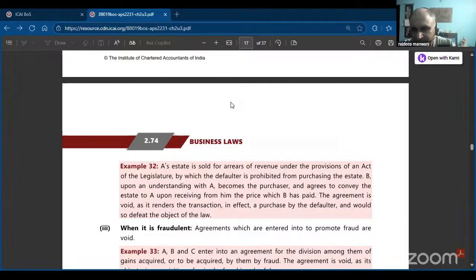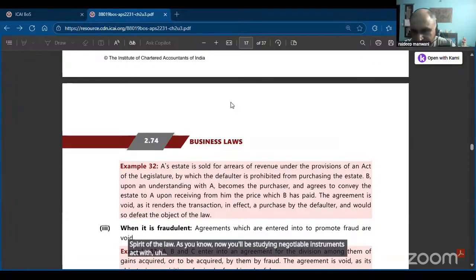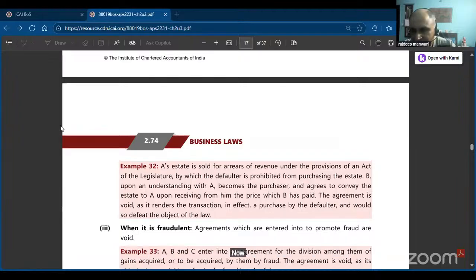As you know, now you will be studying the Negotiable Instruments Act with Mayol sir. There was a law which said that when you deposit a check, the check has to be cleared within 3 days. Now it's called continuous clearing. Now they made a new law that within the same day the check will be cleared.